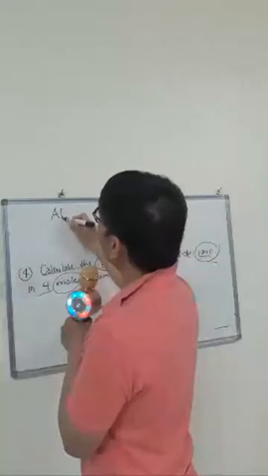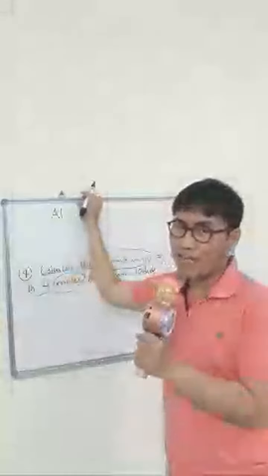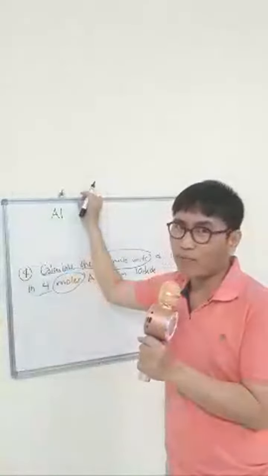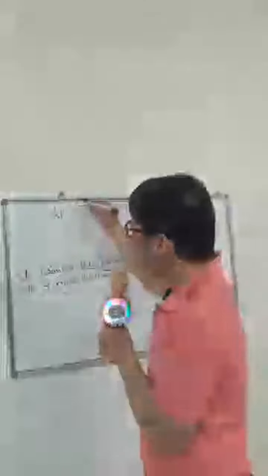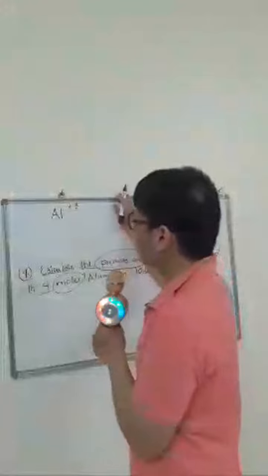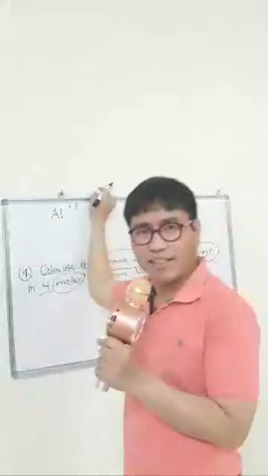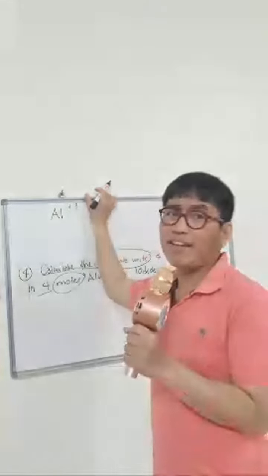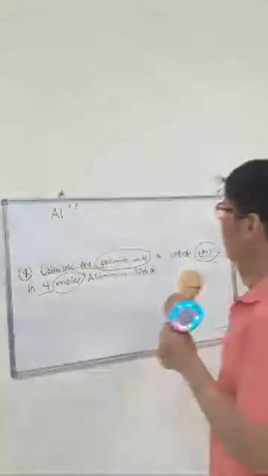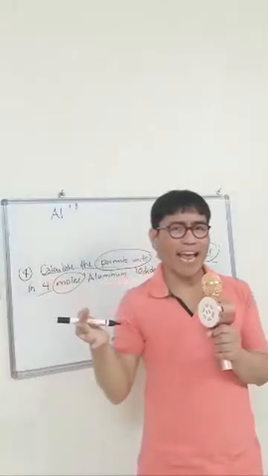Normally, aluminum is in group 3A. That's why it has a charge of positive 3. So this is aluminum. And this is iodide, meaning a halide, a halide group, or basically the halogen family, together with fluorine, chlorine, bromine, iodine, astatine.